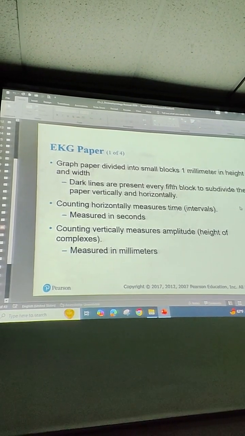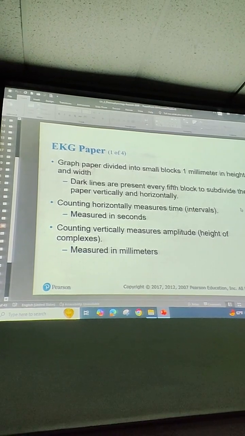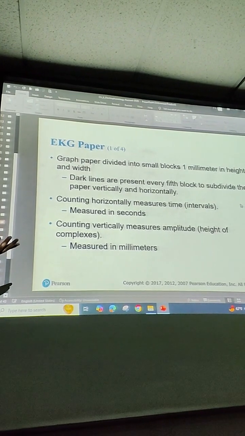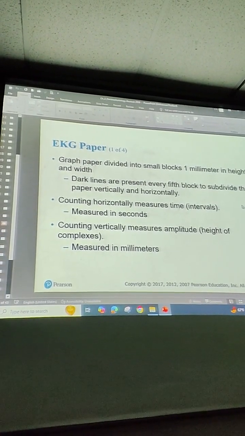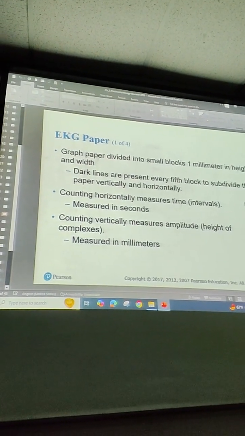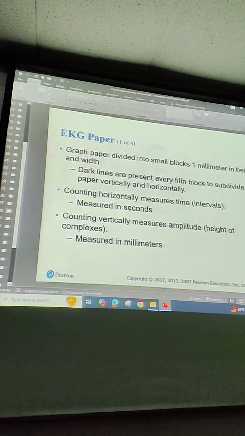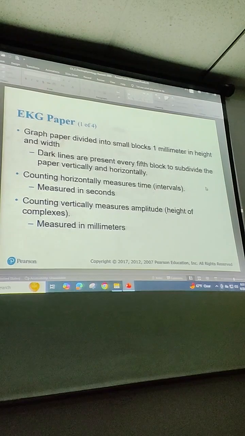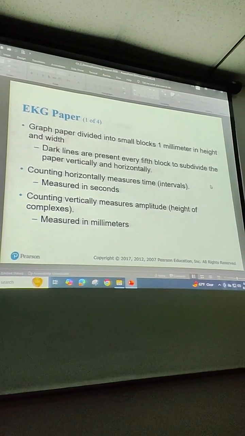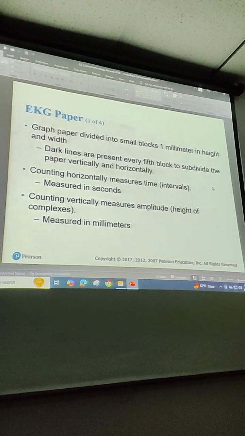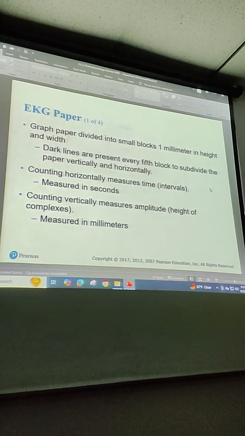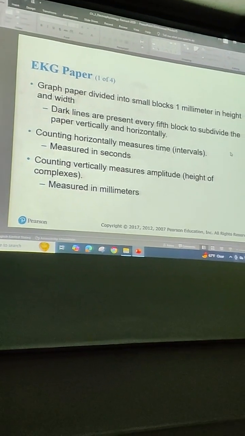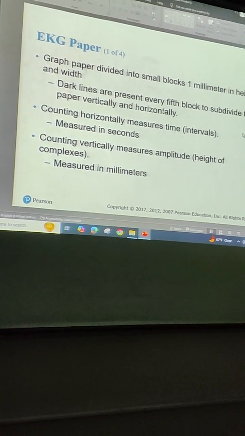Let's talk about the graph paper. I might say 90% of the time they ask questions from here, so that means it's going to be on your test. When you see the graph paper, you're going to see some big squares and some lines.